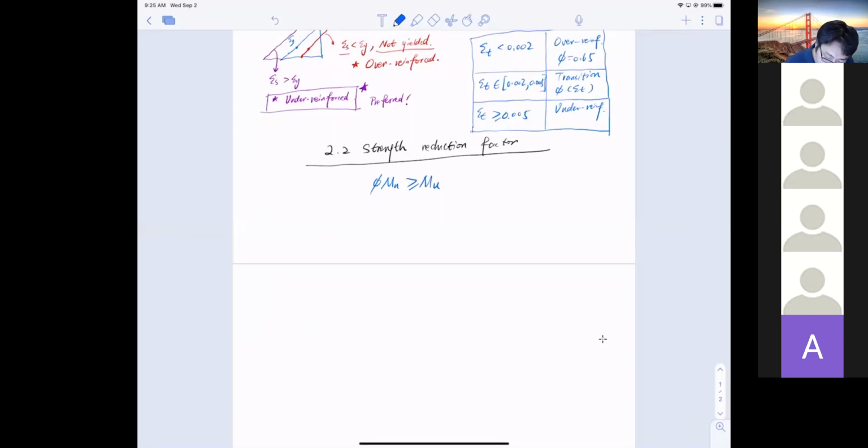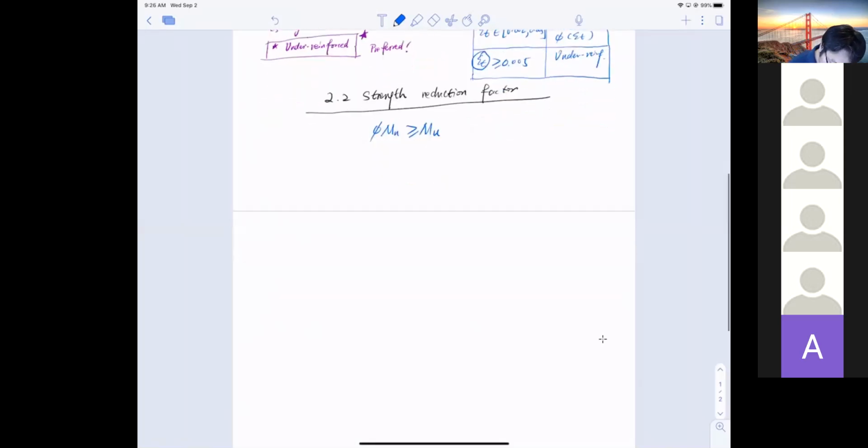Then you notice that there is the epsilon t instead of epsilon s. What's the difference? First of all, let me draw a section here. Let's say you have two rows of rebar, one row on top, the other a little bit lower down here. Naturally, these two rows will have a geometric center here.